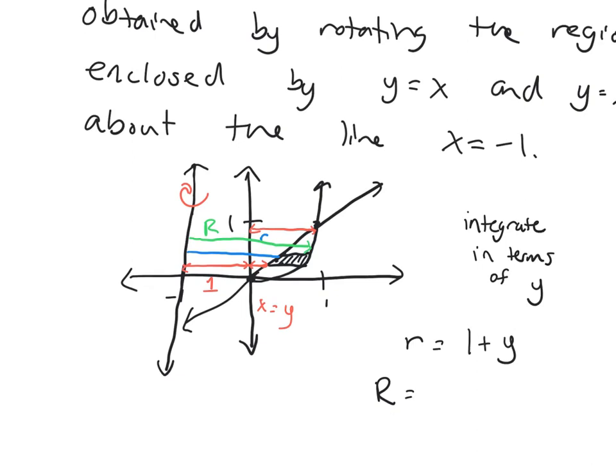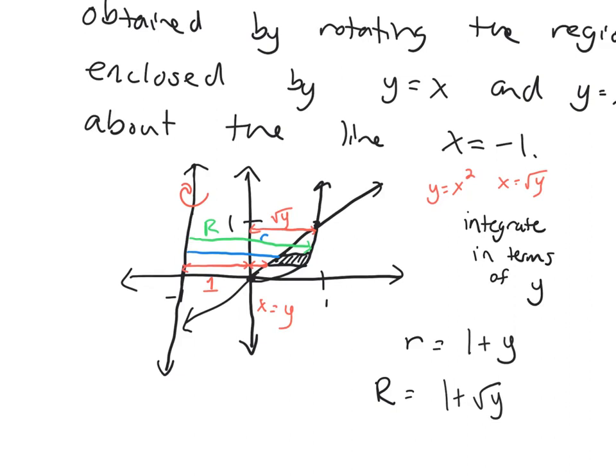So it's going to be x, what was it? My equation for this one was y equals x squared, but we need to solve for x. Square root, right? x equals the square root of y. So this is square root of y. And so this will be 1 plus the square root of y.